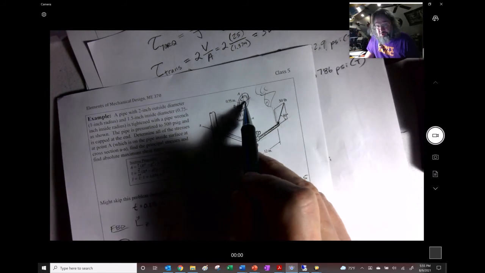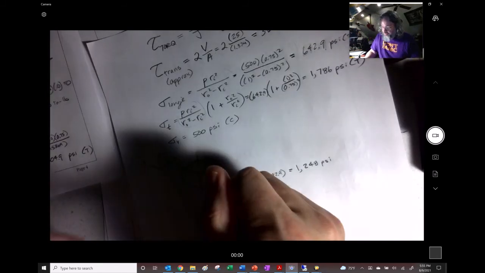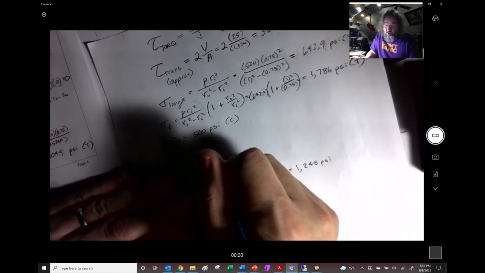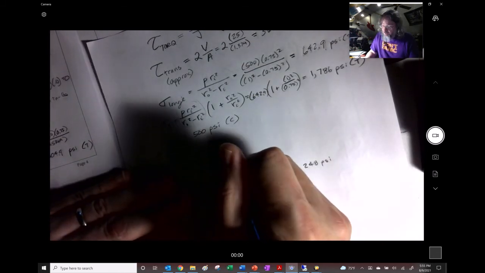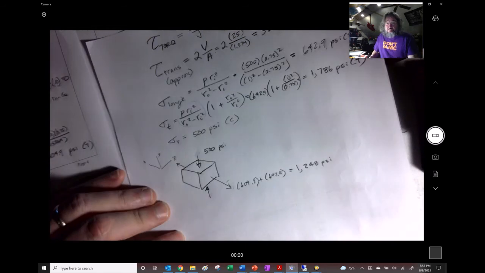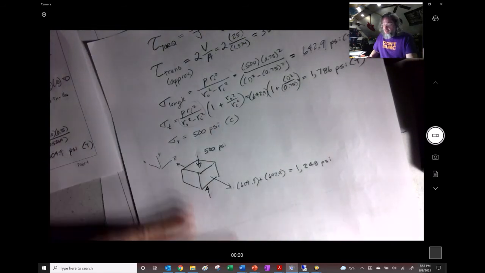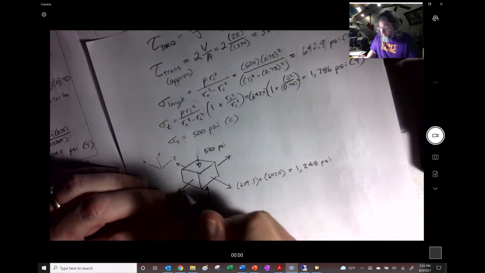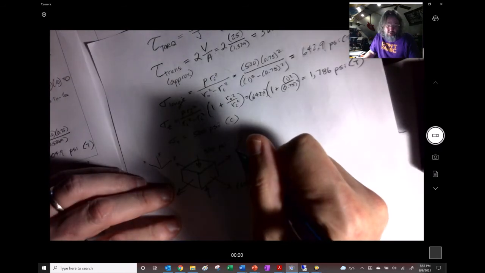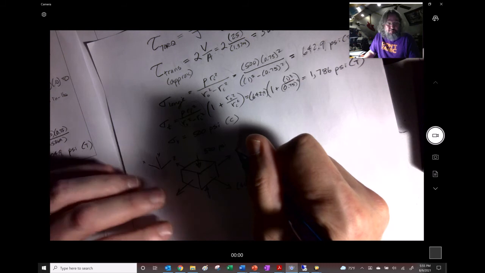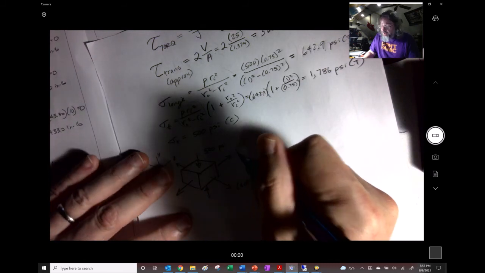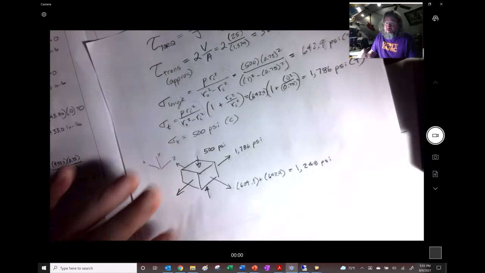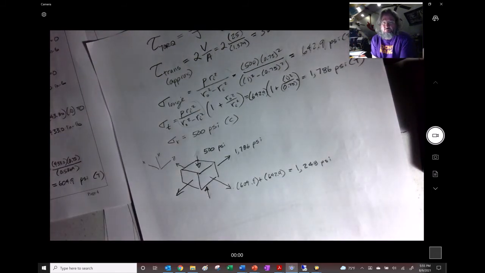That's actually aligned with the radial. So that one is simply 500 psi. And this one right here, this is our hoop, and that is simply going to be 1,786 psi.